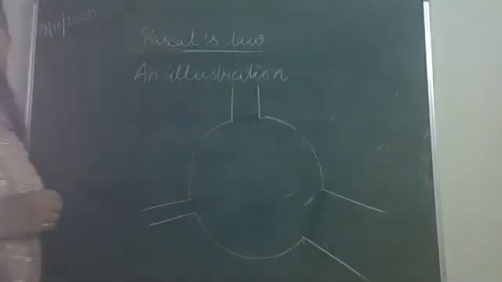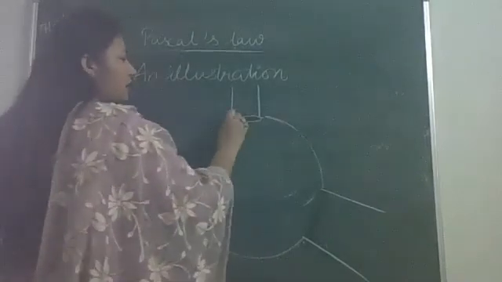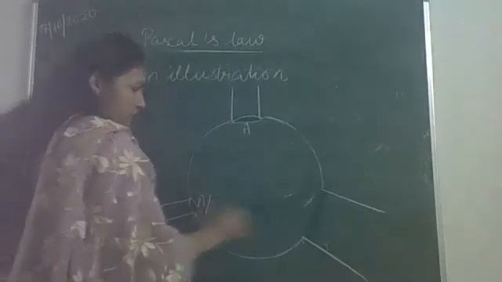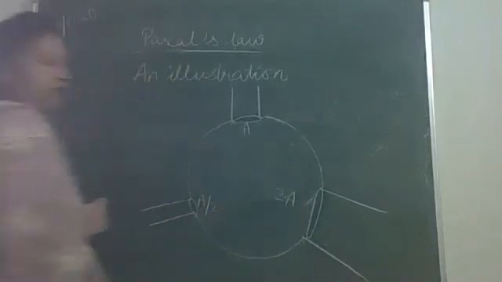Yes, you can draw it now. So we have a closed container with 3 openings of different areas of cross sections. This is the standard opening of area A. This is an opening of area A by 2. This is an opening, suppose, of area 2A, double of that.